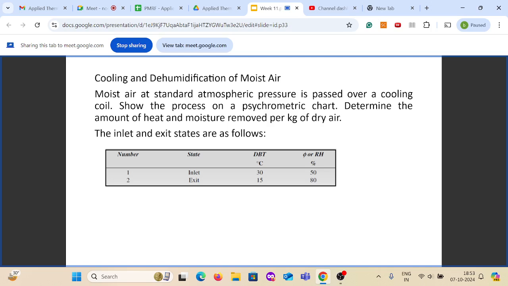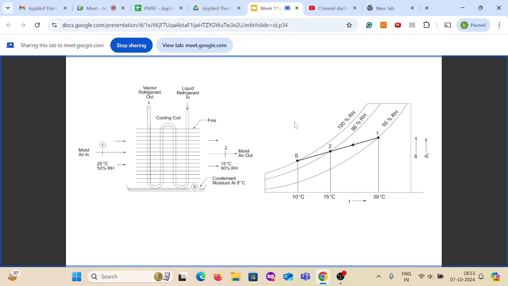The inlet and exit states are as follows: the dry bulb temperature and relative humidity are given for both the start and end of the process. The inlet is at 30 degrees dry bulb temperature and 50% relative humidity, and the exit is at 15 degrees and 80% relative humidity. We will see how to represent this process on a psychrometric chart.